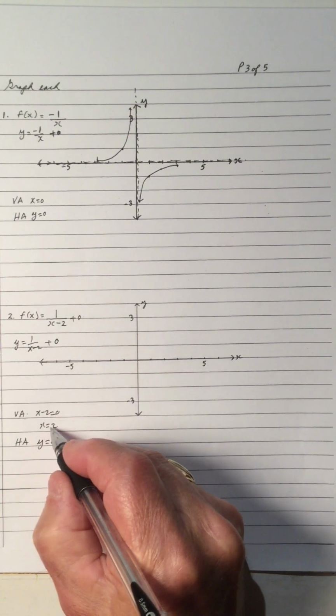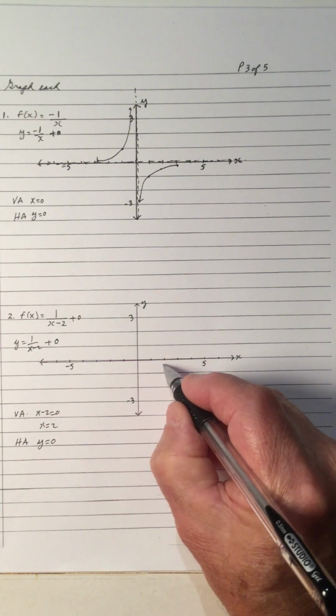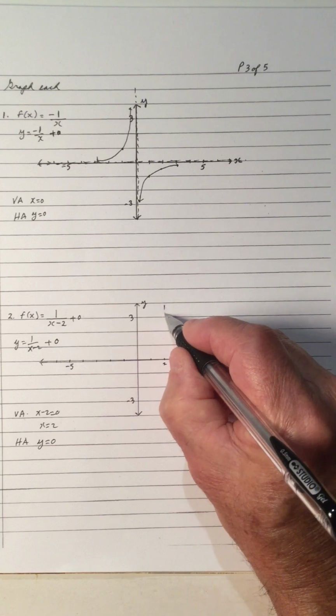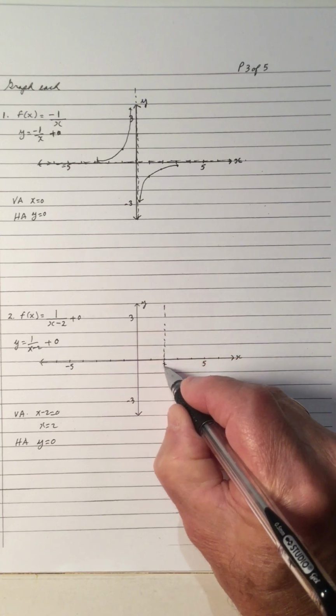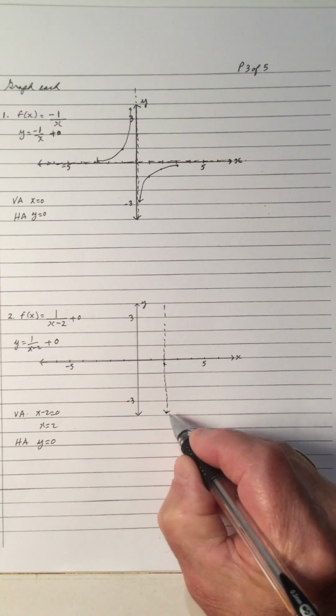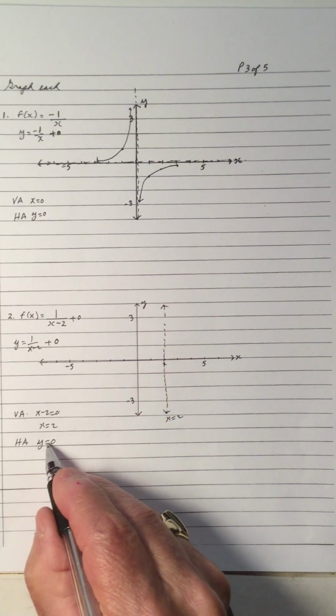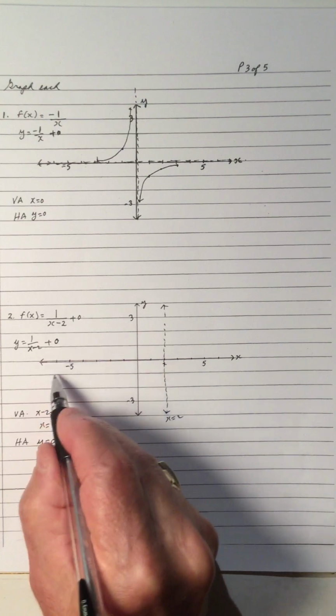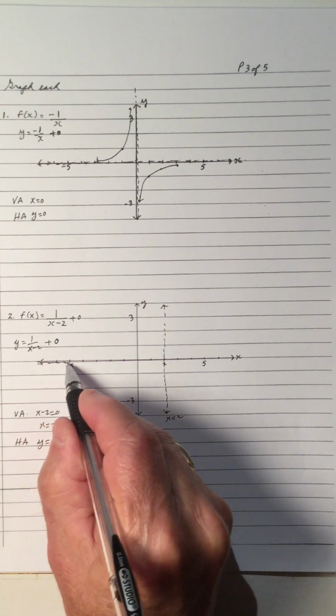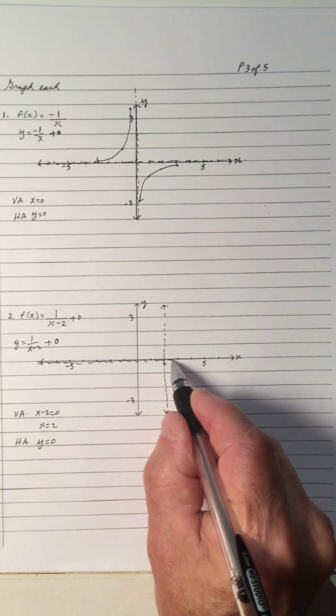So we got a vertical asymptote at 2. So x is 2 right here. That means the vertical asymptote is a broken line, not a part of the graph. And that's x equals 2. The horizontal asymptote is this number on the end here. So we do a broken line. There it is.